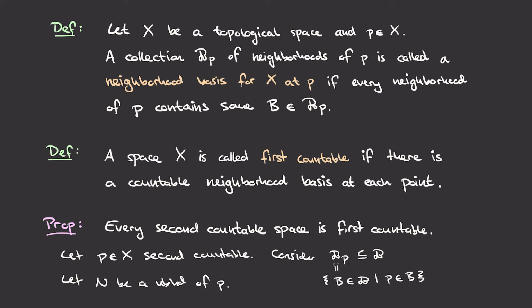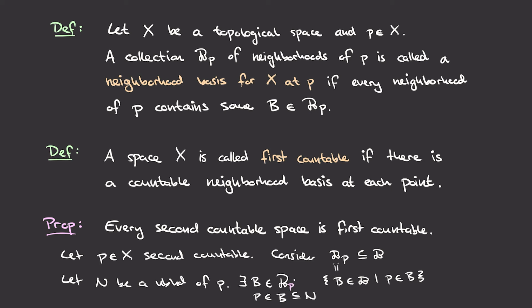So in particular, for the point P, there's going to exist some element B in our basis, curly B, such that P is contained within B, and also B is contained within N. But now because P is contained within this B, it means that this element B is going to be in our collection BP.